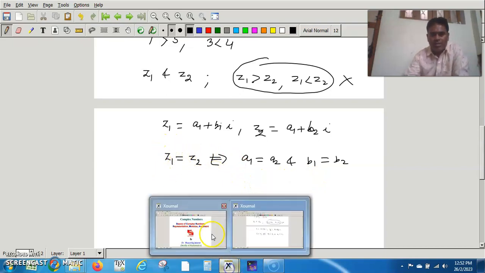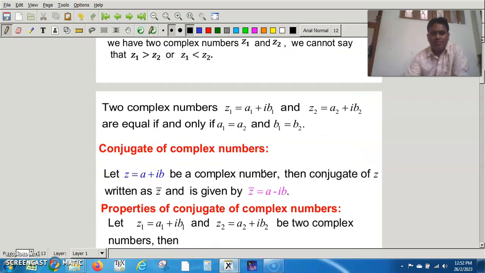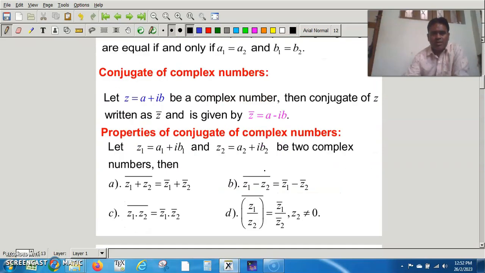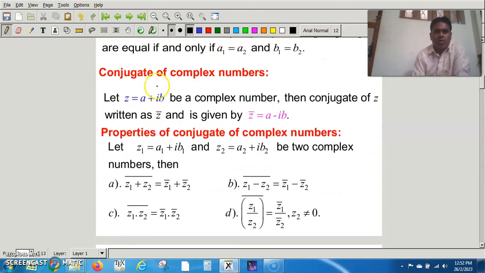Now there are some properties which I have listed here. You can see that. Now conjugate of a complex number. What do we mean by the conjugate of a complex number? Suppose we have a complex number Z equal to a plus ib, then its conjugate is denoted by Z bar, and it is defined as a minus ib.